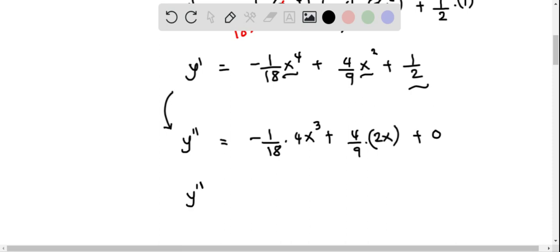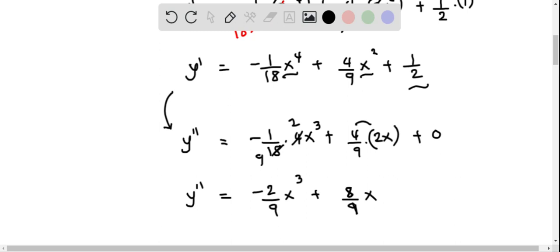So let's simplify this. This is 2, 2, and this is 9, 2. So the first term is negative 2 ninths x cubed, and the second term is 4 times 2, which is 8, so this is 8 ninths x.